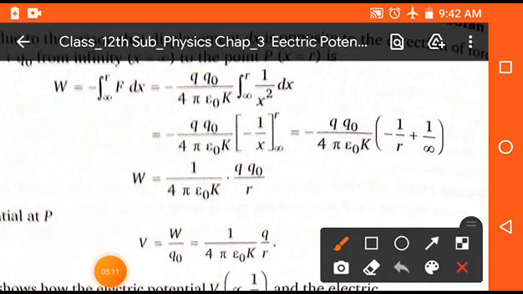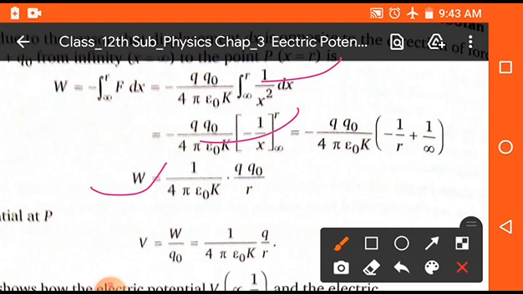Now we know that the integration of 1 upon x squared will be minus 1 upon x. So it will be minus Q Q naught upon 4 pi epsilon naught times minus 1 upon x from infinity to r. Then after putting the values of limits, we get W is equal to 1 upon 4 pi epsilon naught Q Q naught upon small r.